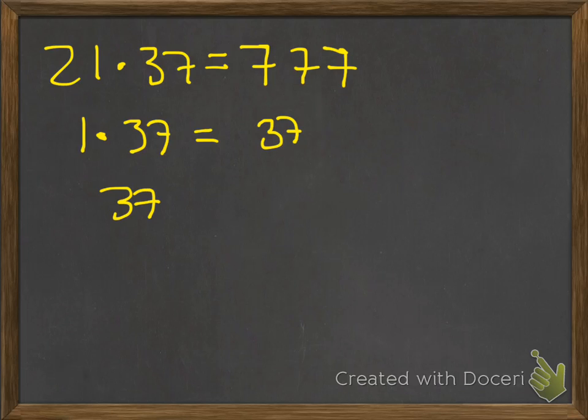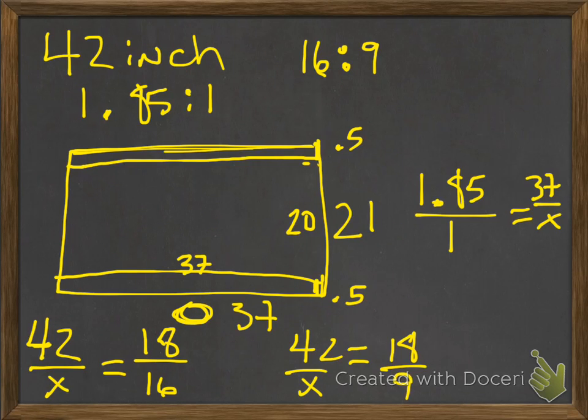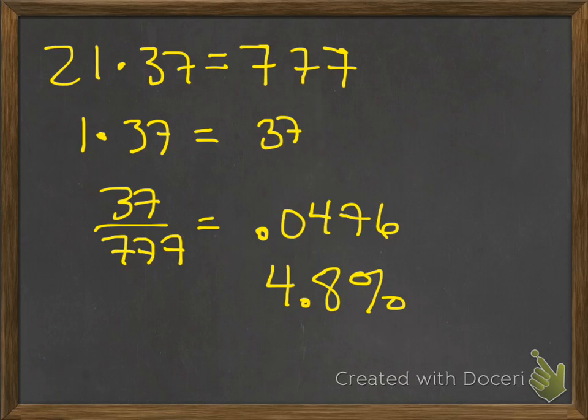So 37 divided by 777 gives me approximately 0.047, so approximately 4.8% of the screen is blackened. Only 4%. The rest, like 96% of the screen, is getting filled by the image.